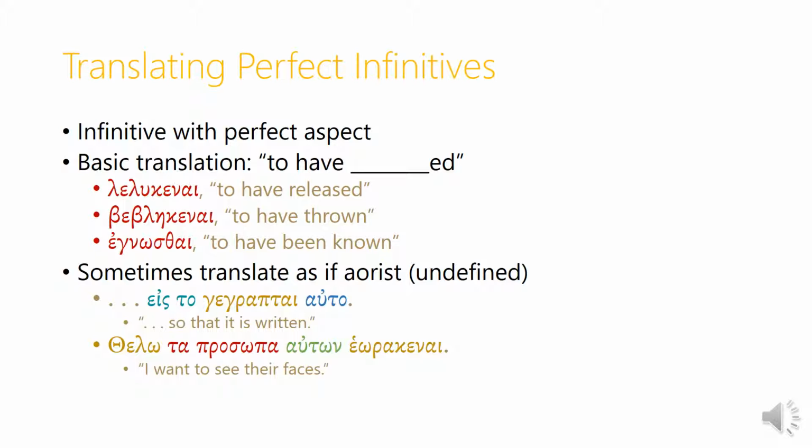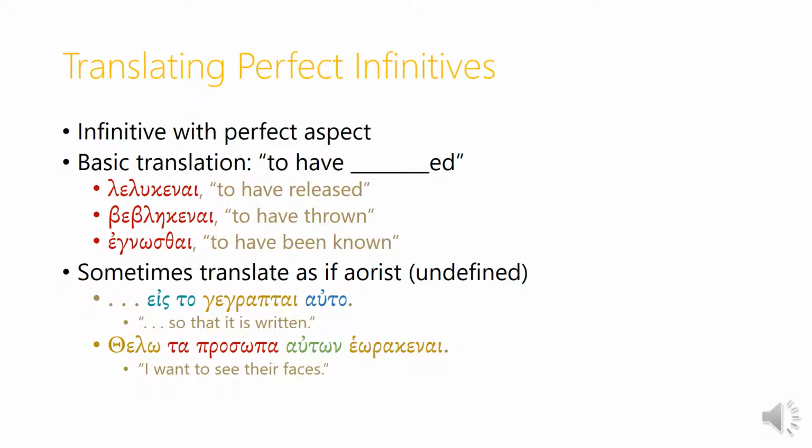As a first basic translation, we can translate these to have something. In other words, to have with the past participle of the verb in English. So lelukenai, we could translate to have released. Bebleke nai from ballo, we could translate to have thrown.